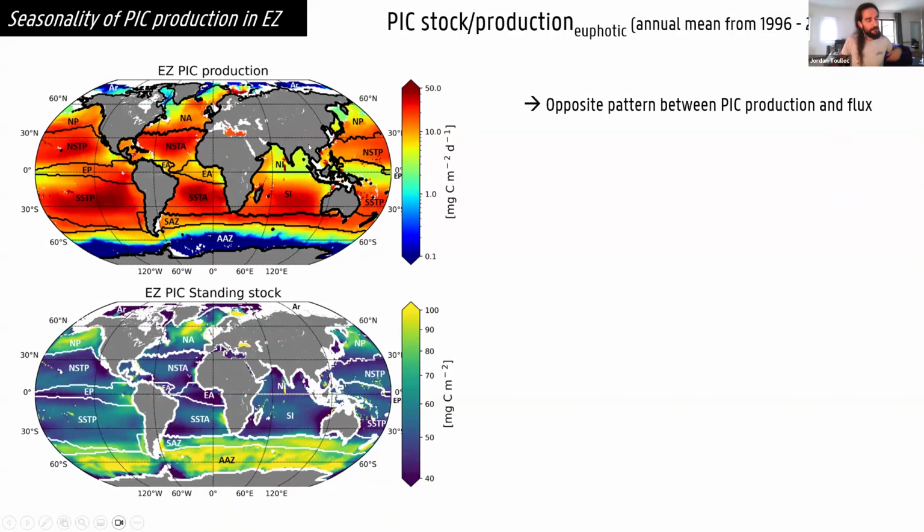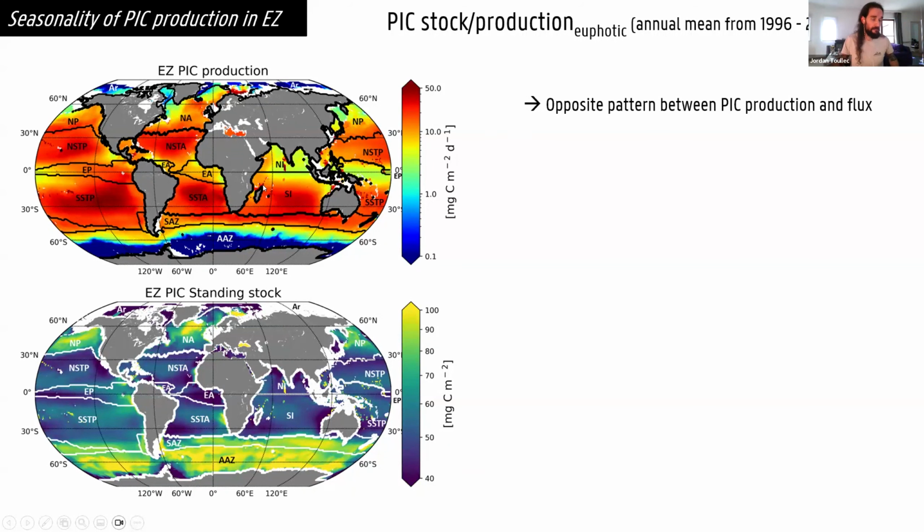The first thing you see is that we have an opposite pattern between production and stock. If you look at the standing stock, we have much more PIC stock in the Southern Ocean and also in the Northern Hemisphere close to the polar region, and less in subtropical gyres and equatorial upwelling. That is absolutely the reverse pattern of PIC production.